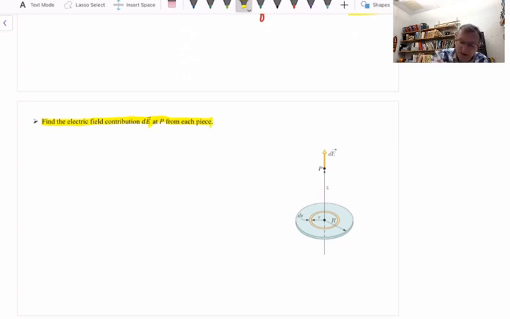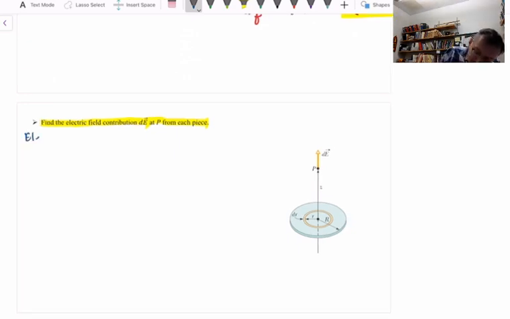But we already have the result for the electric field of a ring. Let me remind you of that, okay? Electric field on perpendicular axis of a ring.